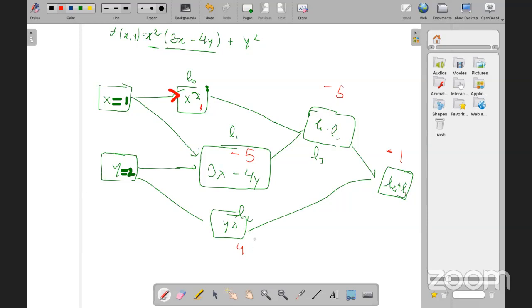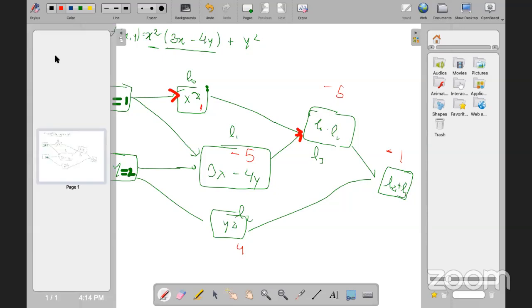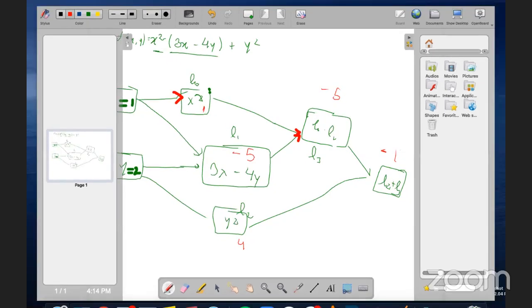Similarly, this is a simple operation, y squared, and then you just add this and you multiply it here. So this is something called topological sort, and you can do that to find out which thing to do first. And then we calculate the function. Of course, it might seem a bit weird why we are even doing this.